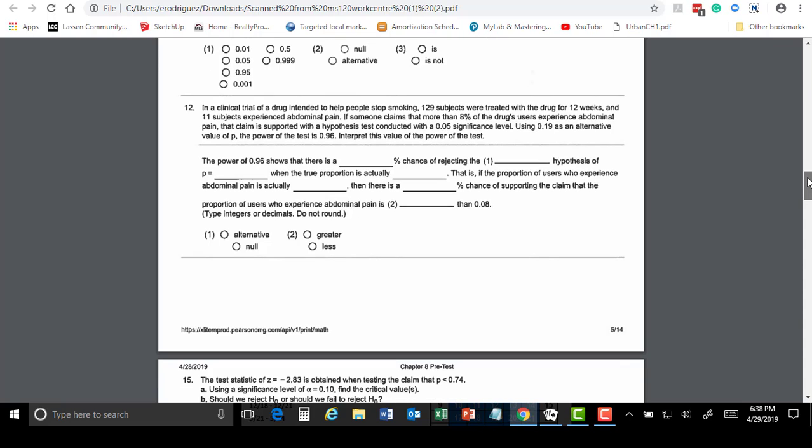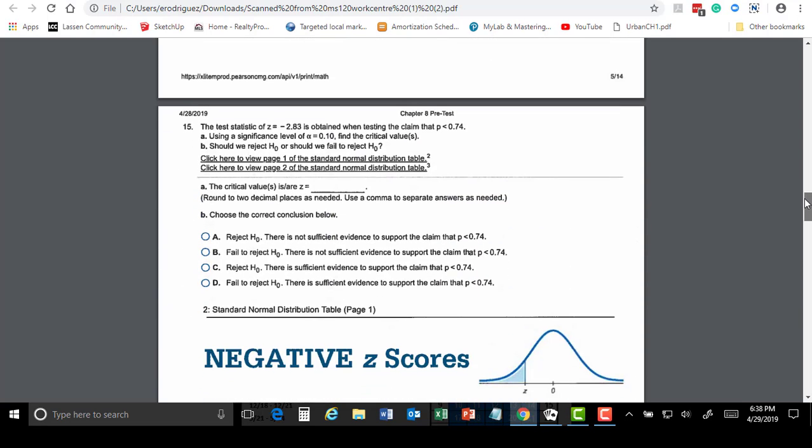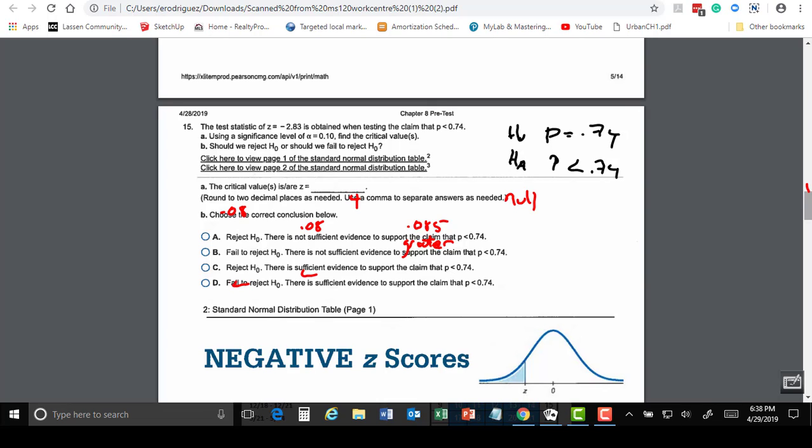See, this went from number 12 to 15. Okay, so the test statistic, they're giving you the test statistic already. 2.83 is obtained when testing the claim that p is less than. So this is like an alternative. The alternative, if they do it that way, would be that p is less than 0.74, where we would have our null, where p is equal to 0.74.